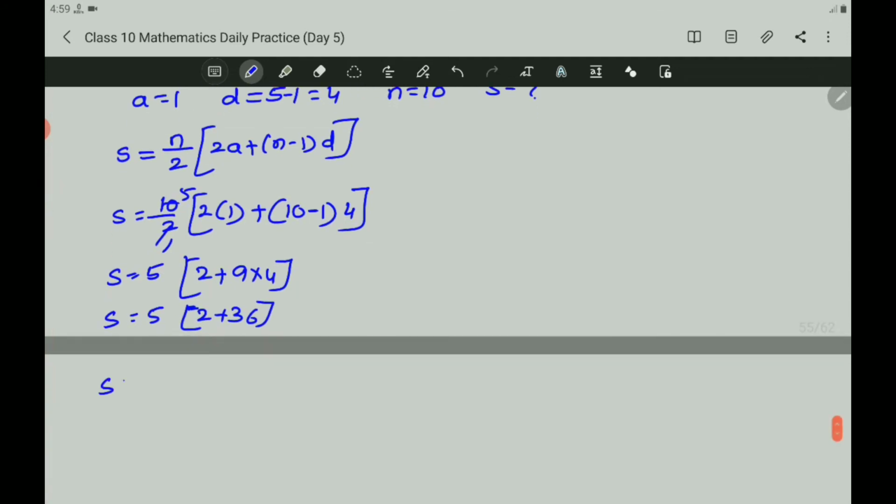Then S equals 5 into, what is the sum of 2 and 36? That is 38. So you got S equals 5 into 38, 8 5s are 40, 0 you write, 5 3s are 15, 15 plus 4, 19. So you got this sum 190.